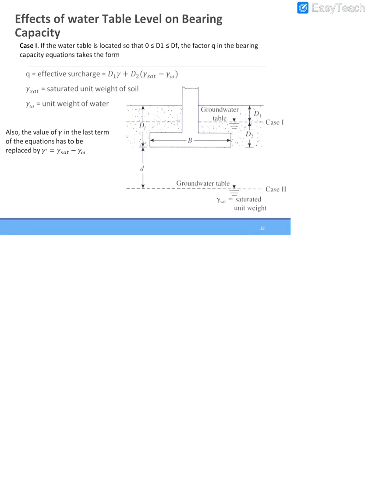So first, number 1 is q all, which is the allowable bearing capacity.